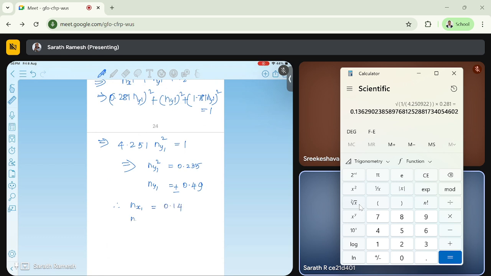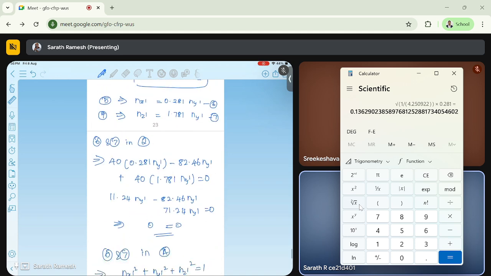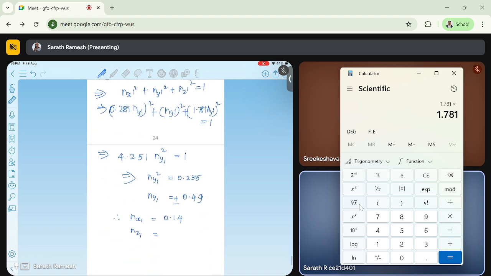Similarly, nz1 is 1.781 times 0.49. 0.87 I'm getting.